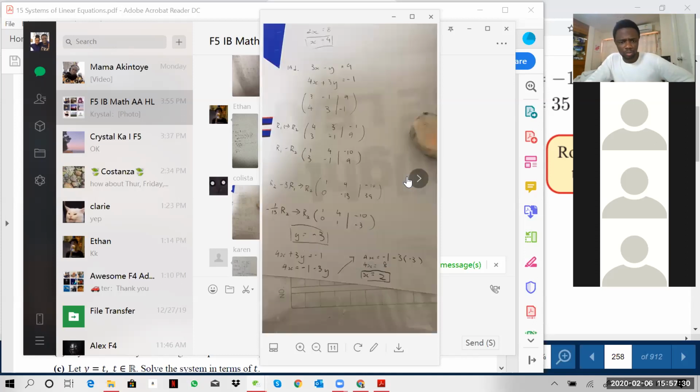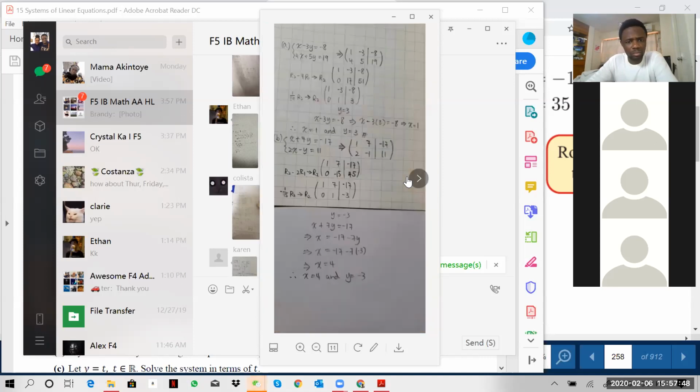You see, even though most of you use different operations on the row, you end up still getting the same result. So correct.